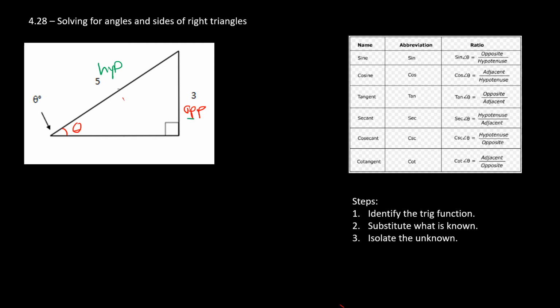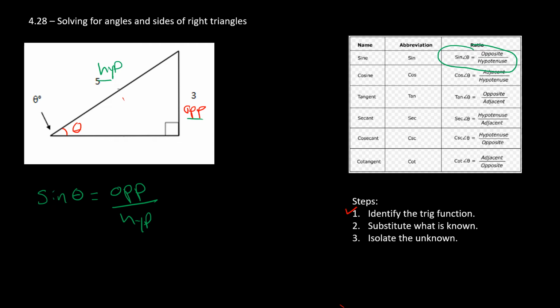So opposite and hypotenuse. What do we have here? Well, opposite hypotenuse is going to be sine. So we'll say sine theta is equal to opposite over hypotenuse.